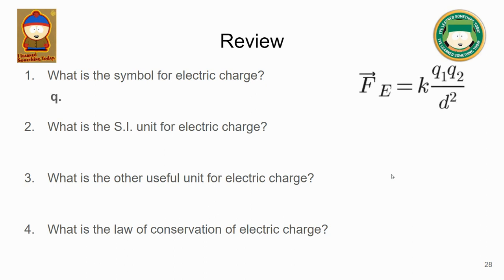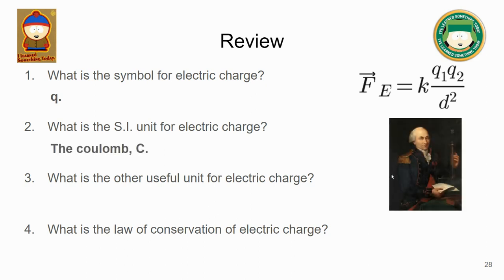What is the SI unit for electric charge? We will usually use the Coulomb, named after this guy, Coulomb. The other useful unit for electric charge is the elementary charge. I should change that from fundamental charge. If you say fundamental charge, people know what you mean. Elementary charge, the charge of a single proton or electron.